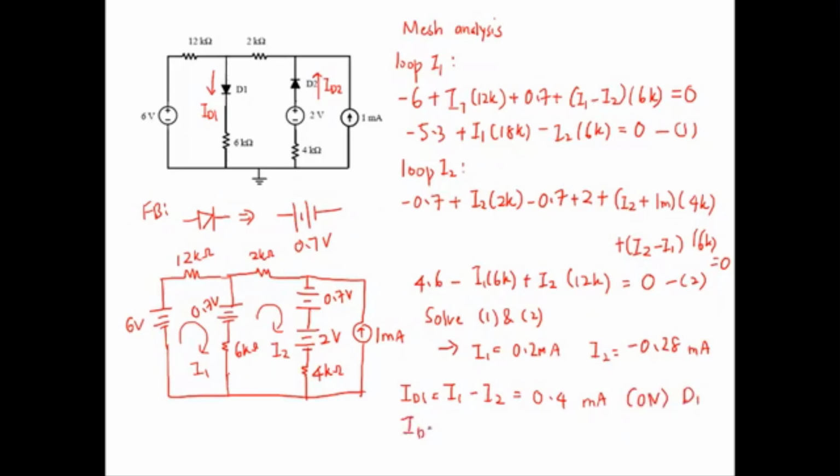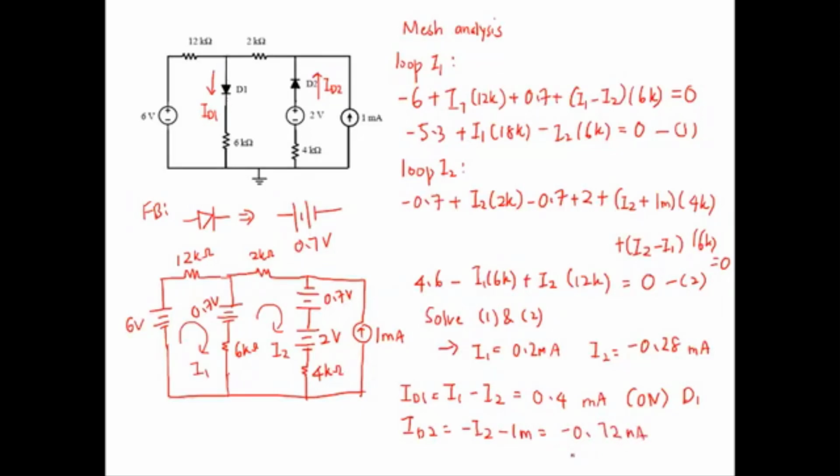How about ID2? ID2 is in this direction. So this is minus I2 because it is opposite of I2, and also minus 1 milli. So you get minus 1 milli minus 0.28, which should be minus 0.72 milliampere.